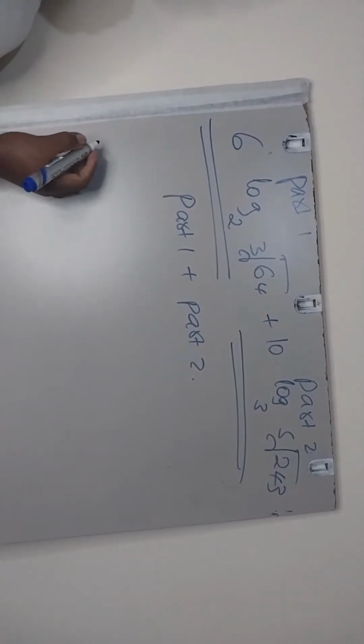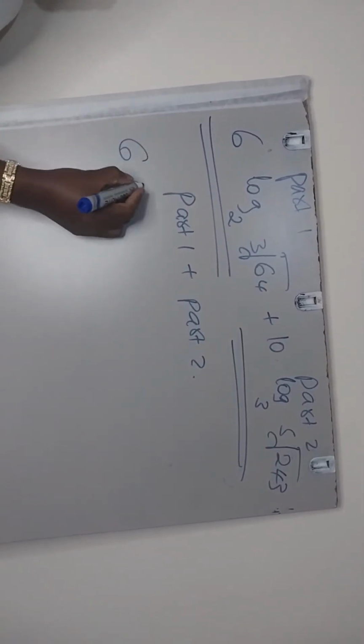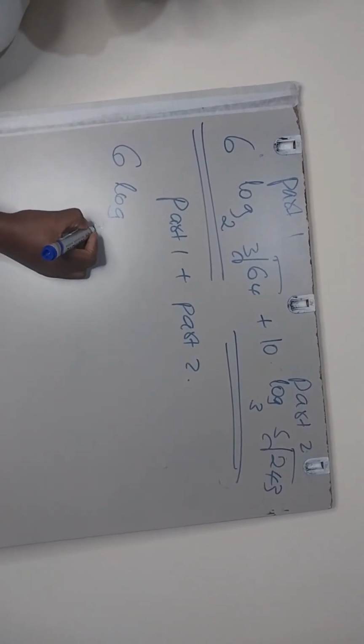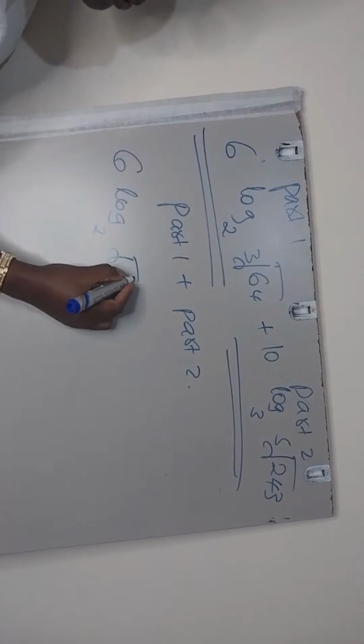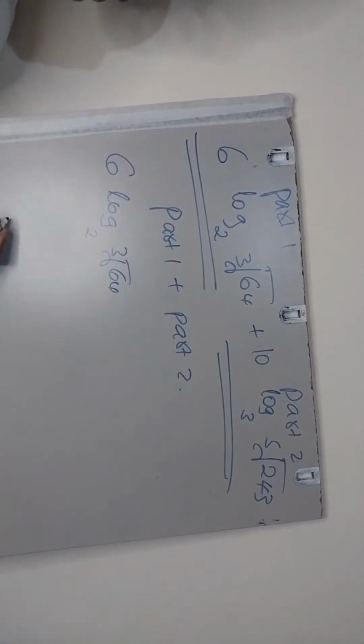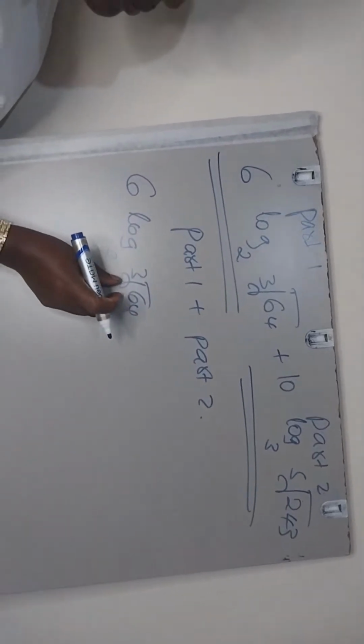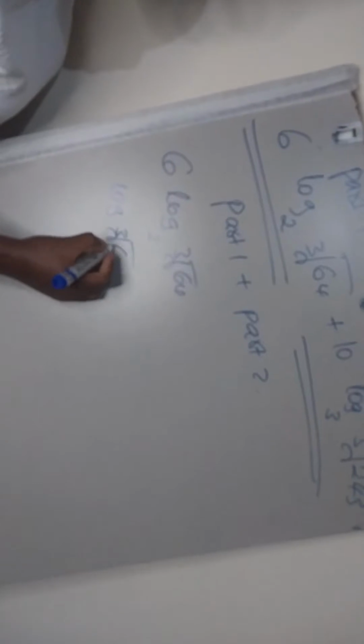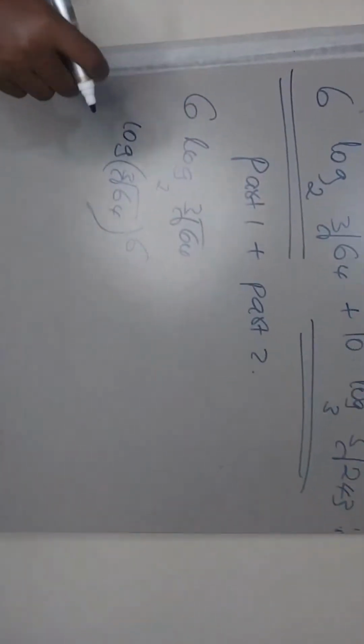Let us go on to part 1. 6 log to base 2, the third root of 64. Now, let us begin by taking this to be a power of that. It will be log to power 6.